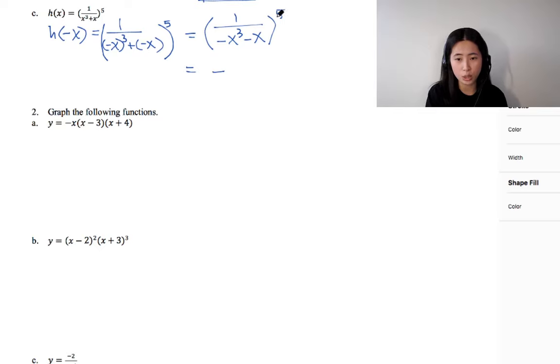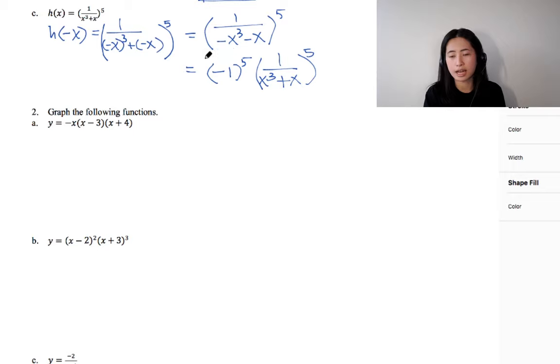And by the way, because you have 5 here, we can say that this is -1 raised to the power of 5, because remember, you're taking the -1 out from an exponent of 5. So you need to make sure you have that 5 there. And then you can rewrite this as 1 over x cubed plus x raised to the power of 5. Okay, so there we have it.